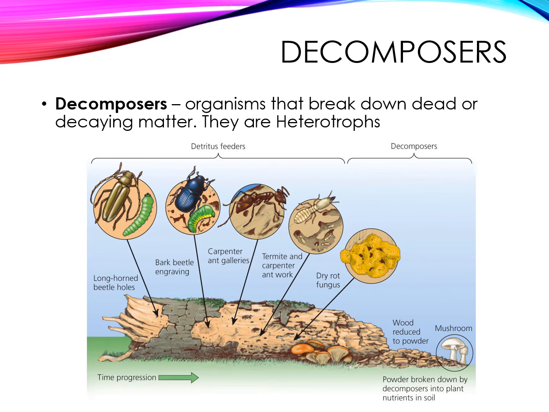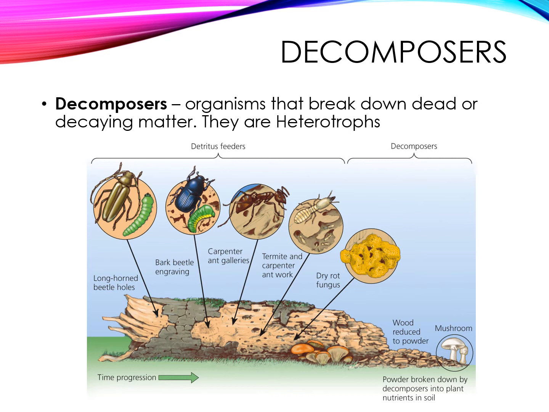The image below shows a rotting log, and the time progression goes from left to right. When a tree first dies, it still has all of its bark on it. Its wood is still strong and sturdy, so it needs larger, sturdier decomposers to start breaking those nice, sturdy pieces apart. As time progresses, you start seeing smaller and kind of softer decomposers come in to break down the smaller and softer pieces of the decaying tree and wood.